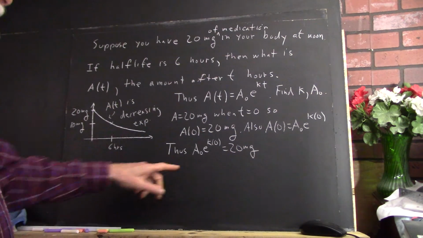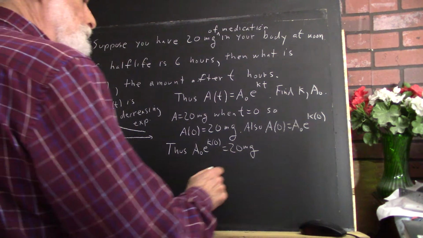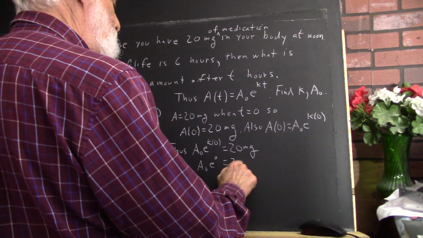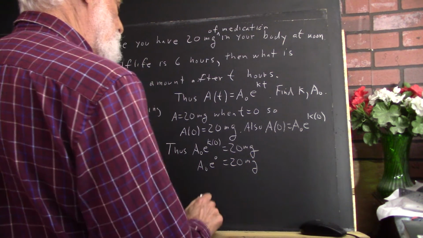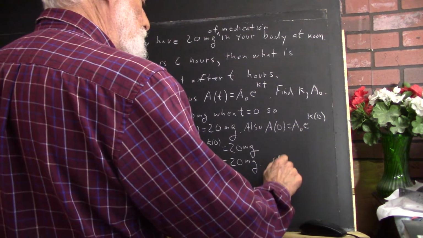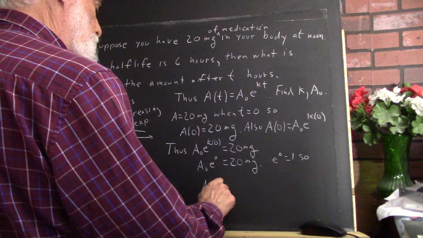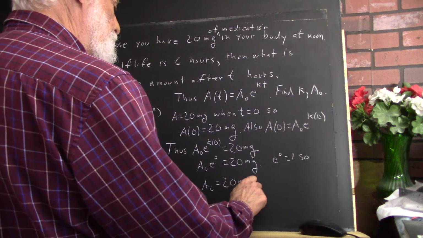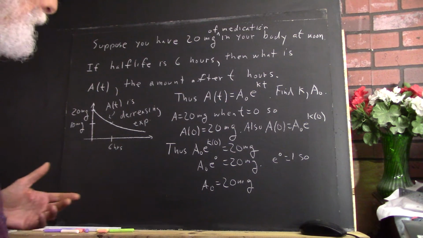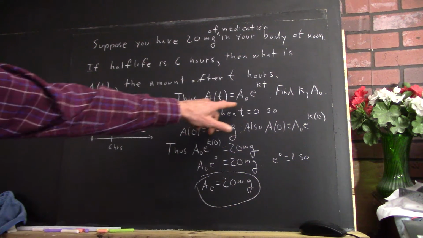So A0 times e to the k times 0 equals 20 milligrams. But this is just A0 e to the 0 equals 20 milligrams. E to the 0 equals 1. So A0 is 20 milligrams. Okay, so we've evaluated A0 immediately.